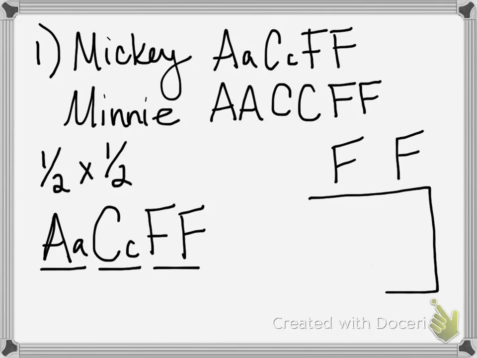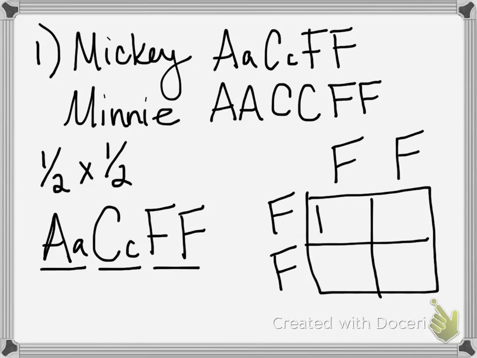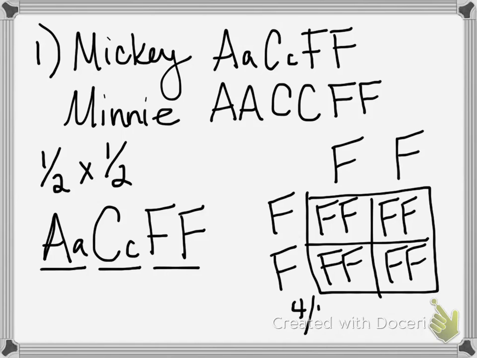You don't necessarily have to do a Punnett square for this one, but I'm just going to do it to prove the answer, which is no matter what, their kid is going to be big F, big F. So the probability of the baby mouse being big F is 4 out of 4, or 1.